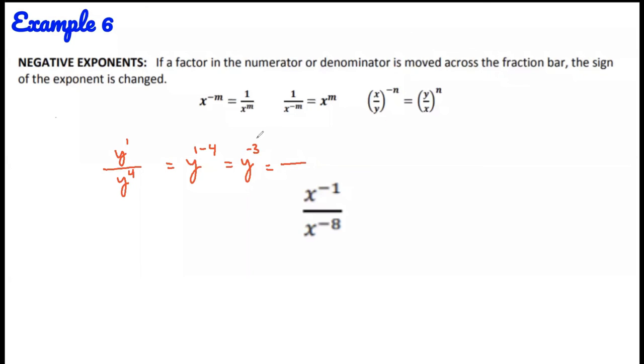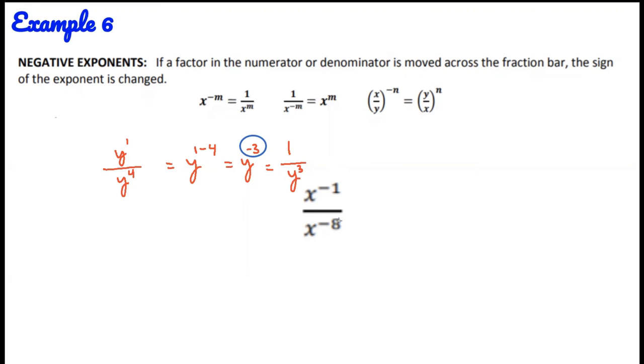So in order for us to make it positive now, we would write 1 over y to the power of positive 3. So we have basically the inverse. Why we are allowed to do this is because it's what we call the inverse of it.